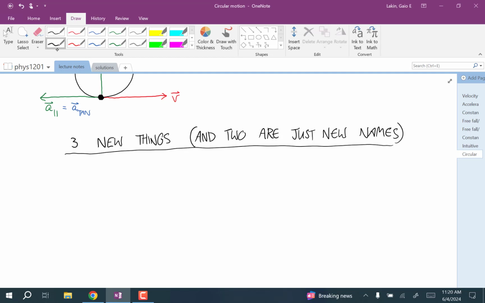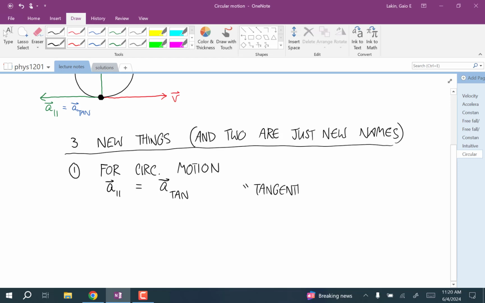Well, the first one is that for circular motion, the parallel acceleration is called the tangential acceleration. And I'm going to always write it like that. So in words, it's the tangential acceleration.